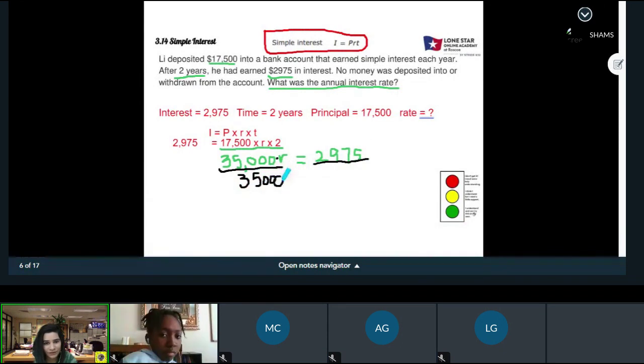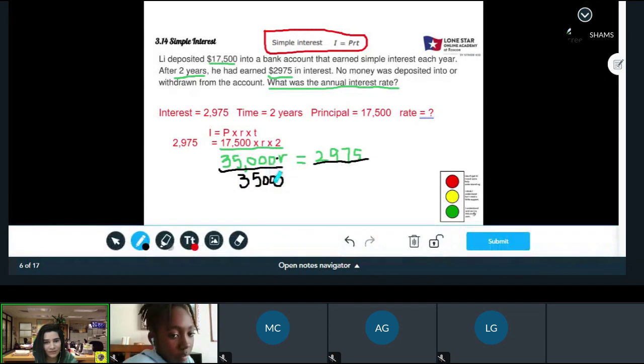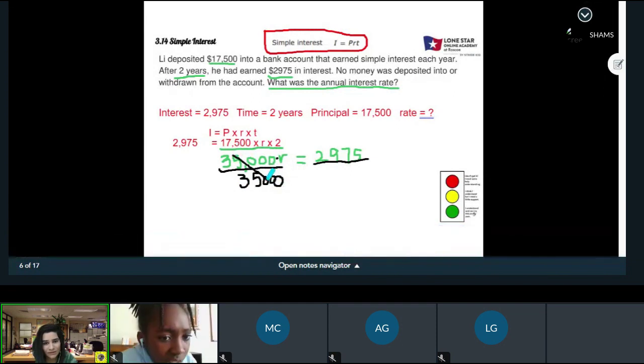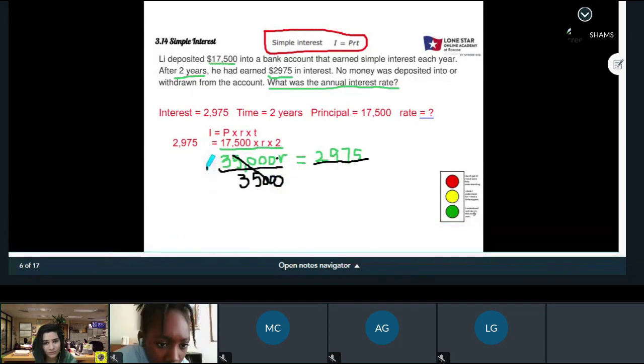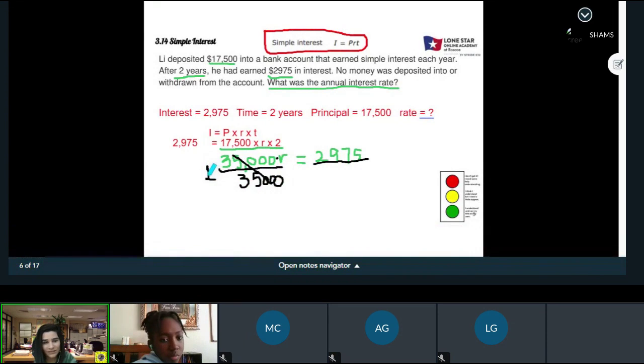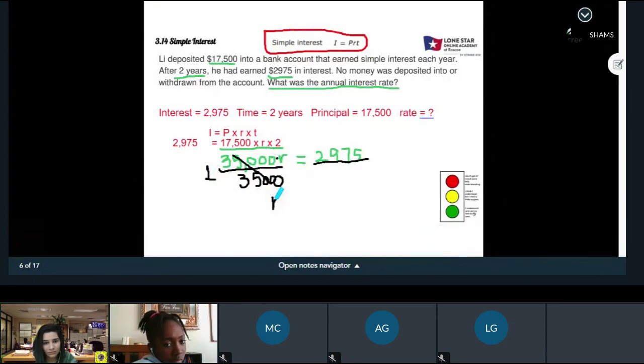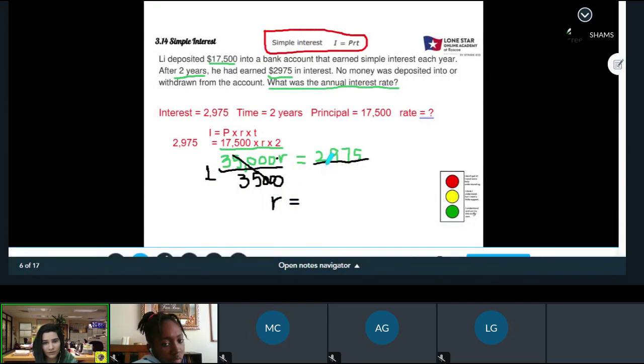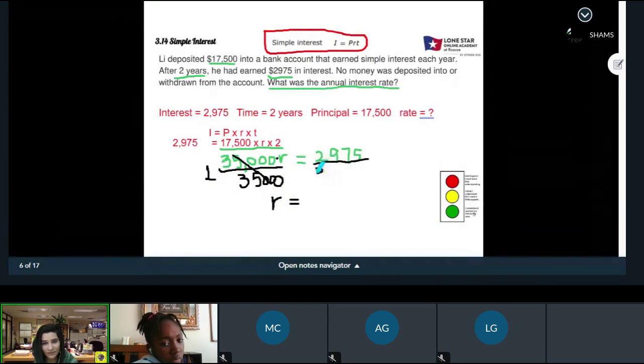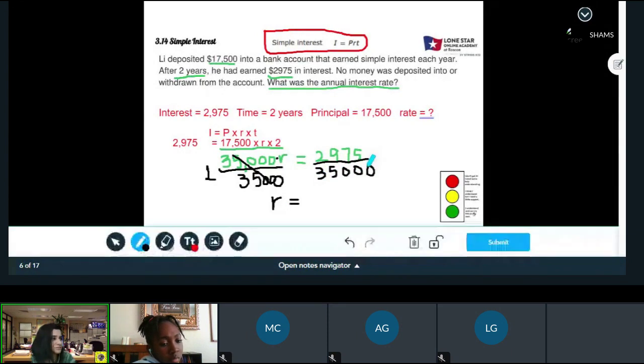Well, what happens? 35,000 divided by 35,000 on the left side is a 1. Or I can say 1R. Or I can just say R. Now on this side, I have to divide by 35,000 too, right? And that will give me the answer when I divide this side by 35,000.